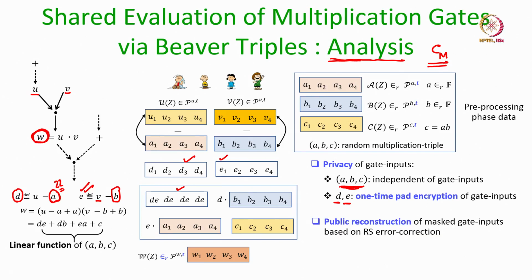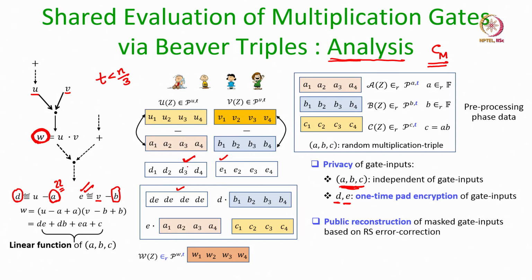Now, let us argue about the correctness, namely whether the output W will be correctly secret shared through a t degree polynomial even if there are up to t malicious corruptions. So, first of all note that the values D and E will be correctly reconstructed because we are in the setting t less than n over 3.